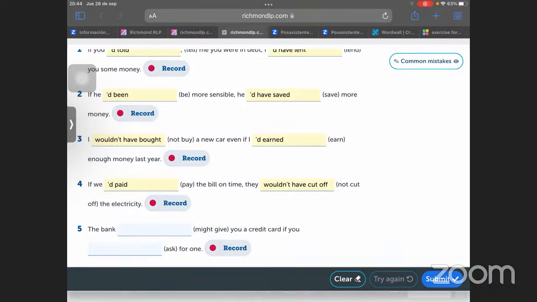5. The bank, then it says might give you a credit card if you ask for one. Might is similar to would. Would have. The bank. Okay.